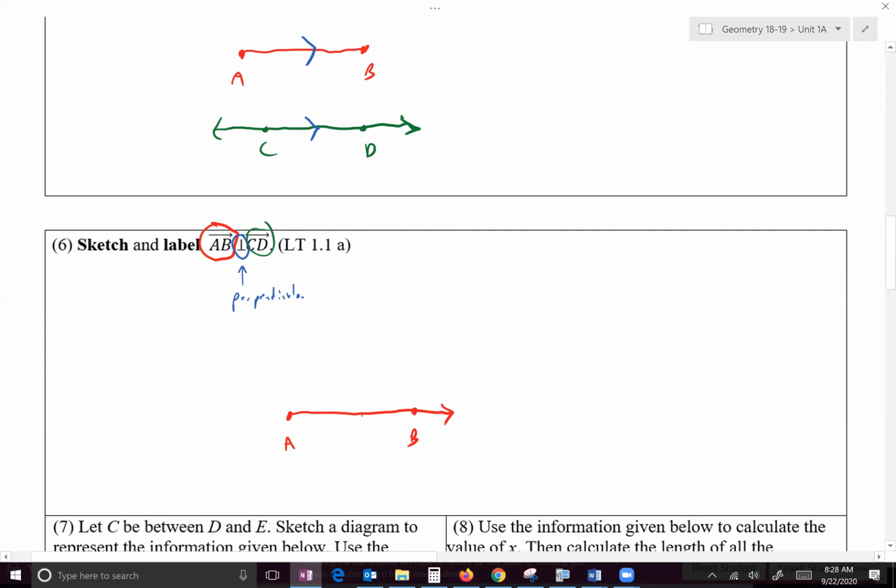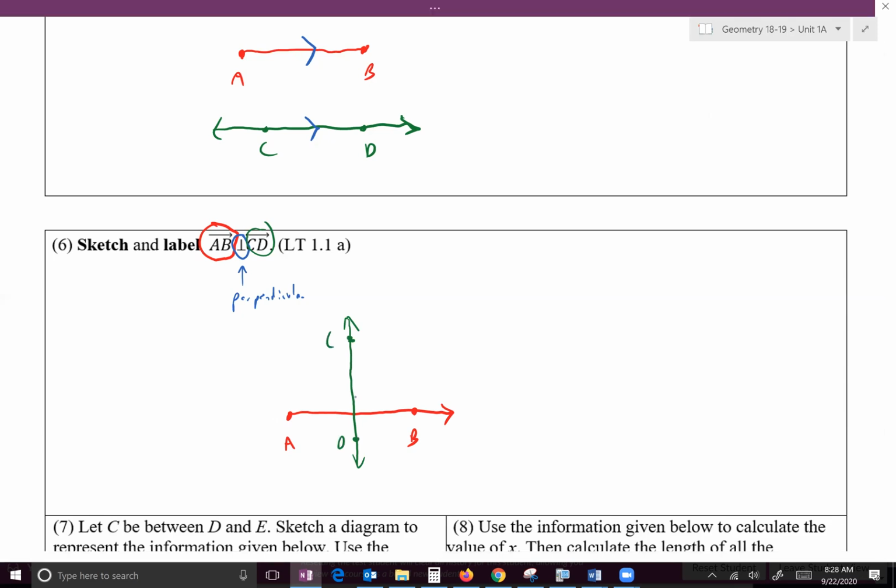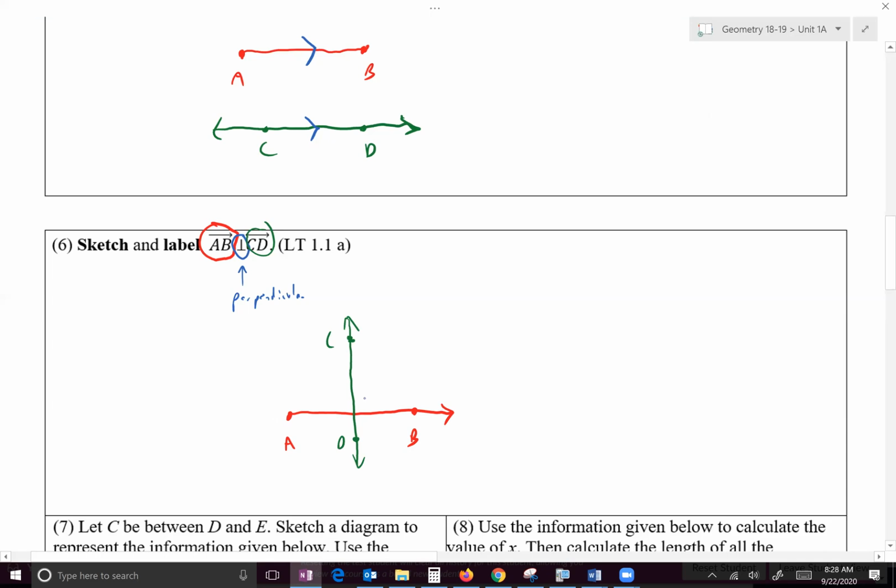Perpendiculars intersect like that. And they have to make a right angle. That's how we indicate that we are perpendicular. So right at the intersection, we're going to put a little box there. Now it tells us we have a right angle, and those are perpendicular lines. Okay.